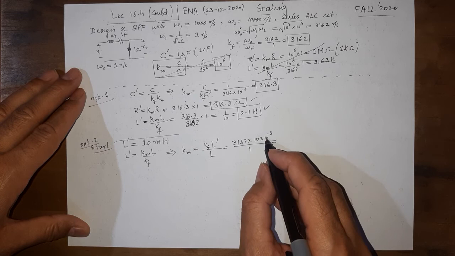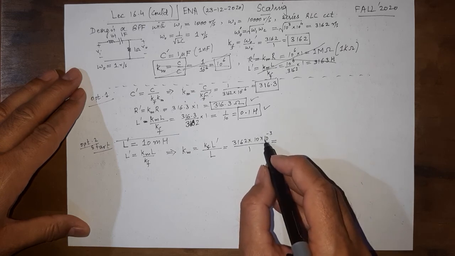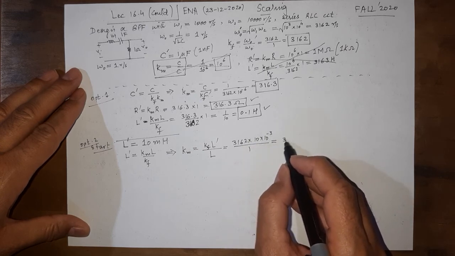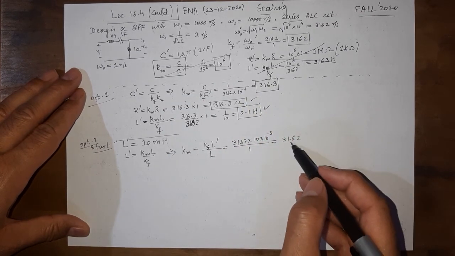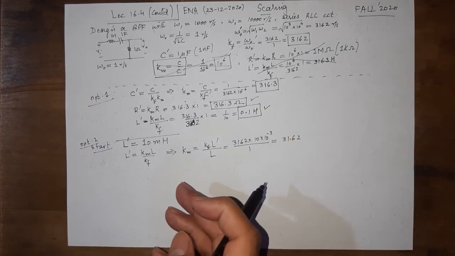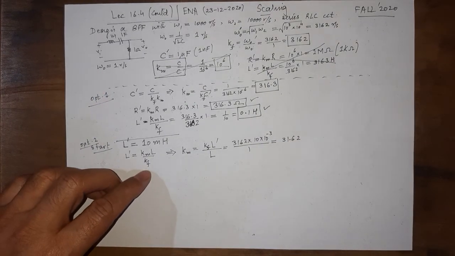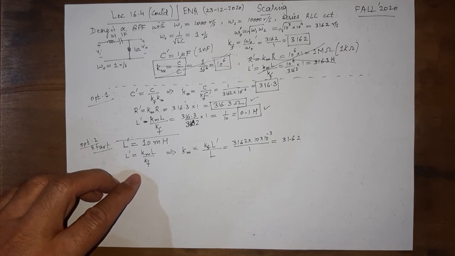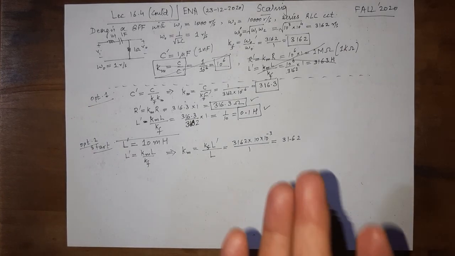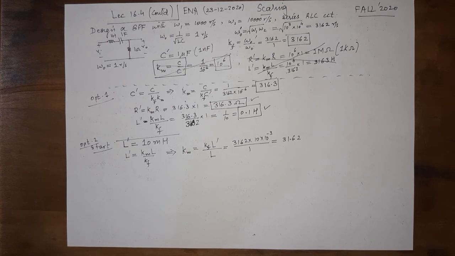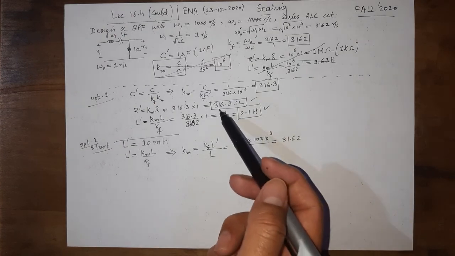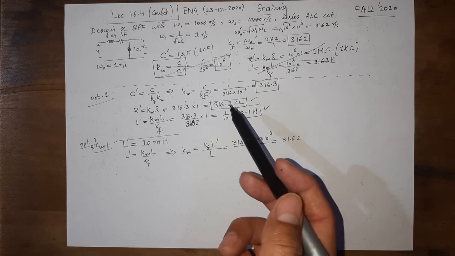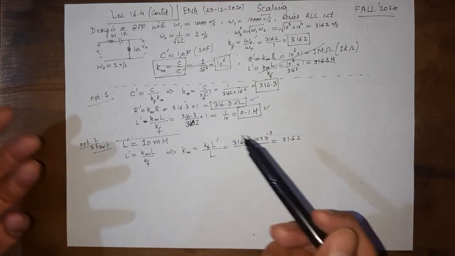So we are going to get 10 raised to the power minus 2 here, and we are going to get 31.62. You see, Km is 316.3 here. Here we have a smaller Km, so we are going to get probably a smaller value of capacitance and a different value of resistance. Because Km is smaller, resistance is going to be smaller. If that is a problem and you need a larger resistance, then change this initial assumption.